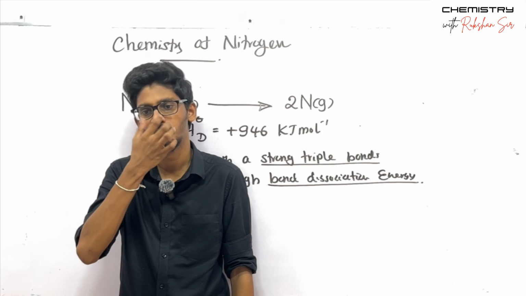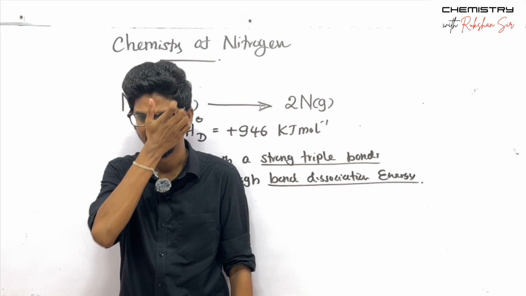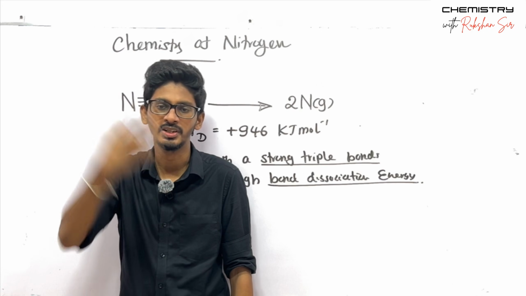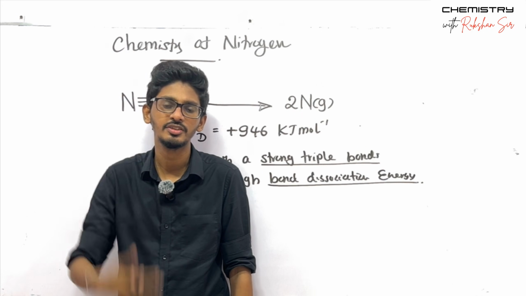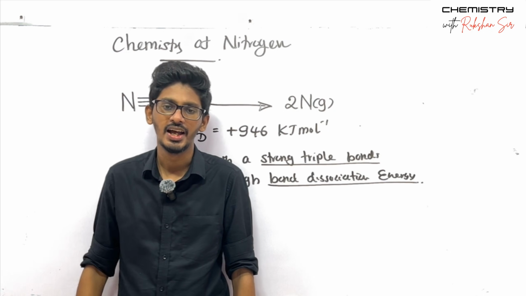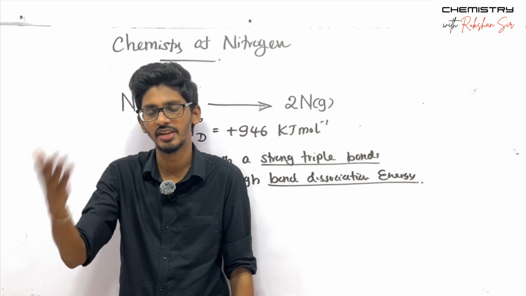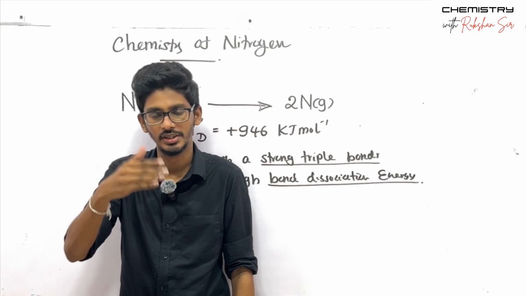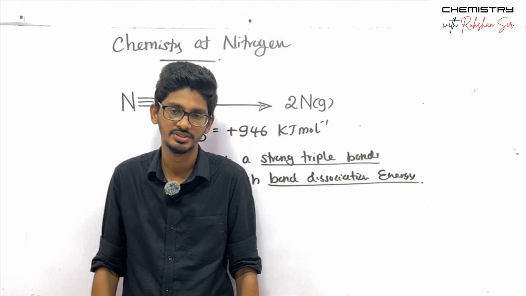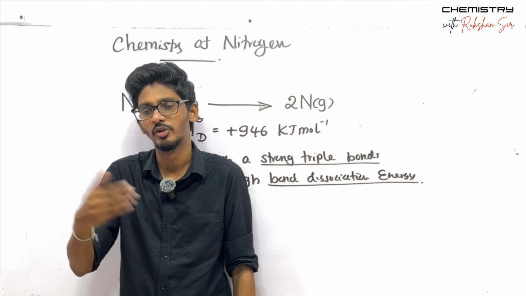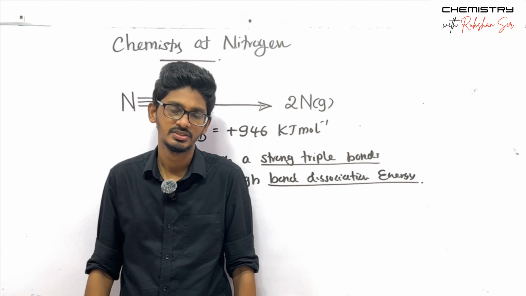By absorbing heat, it should not change its physical form, should not react. Liquid should not convert to gas, solid should not convert to liquid. Then only can we use that coolant again and again to absorb heat.